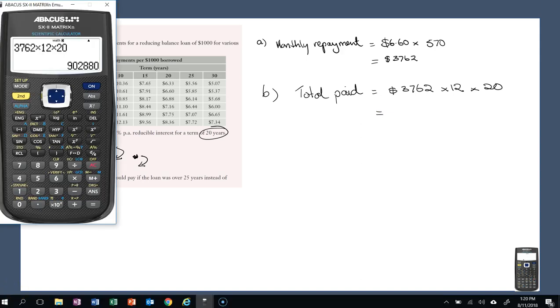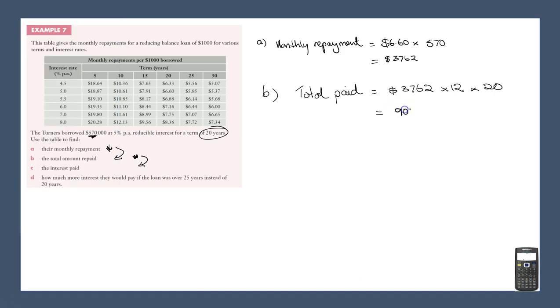As you can see there, when we do that calculation, we get 902,880. Now let's have a think about that. They pay back a total of 902,000.